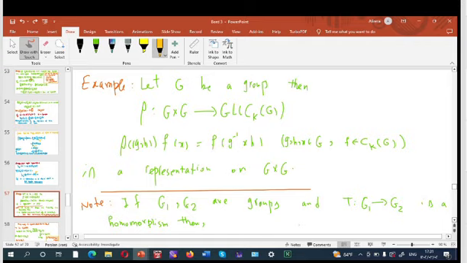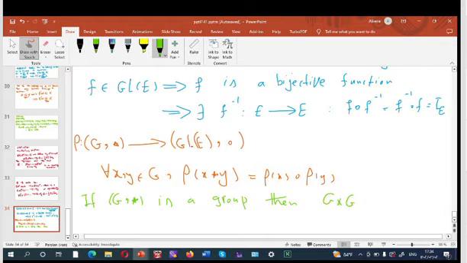And please note that if G, for example with this operation star, is a group, then G times G with a star prime, for example, is a group, and we know this.